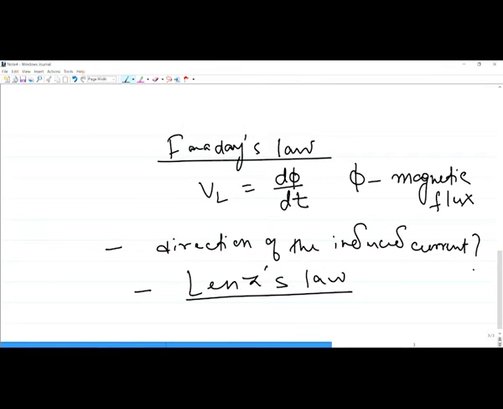So if the induced EMF is VL, then from Faraday's law it is d phi dt, and this is opposed to the change in the primary magnetic field. This introduces a negative sign, which indicates that the induced current is opposed to the primary magnetic field.